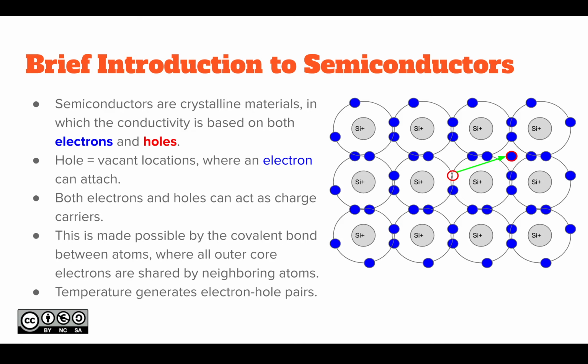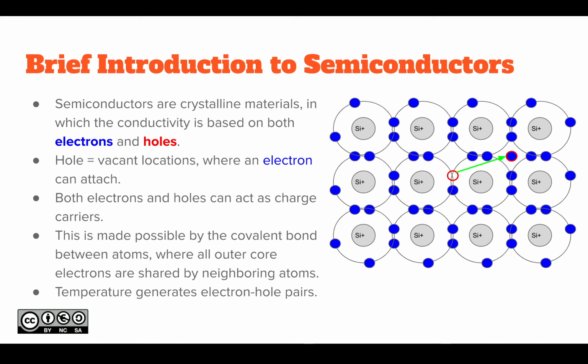Here, both electrons and holes can act as charge carriers, meaning a charge that can be moved by an electric field. If you put an electric field, for example from left to right, positive on the left, then this electron likes to move towards the positive side. Charge is moving, meaning current is flowing.